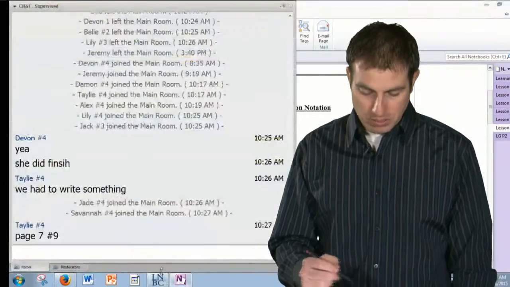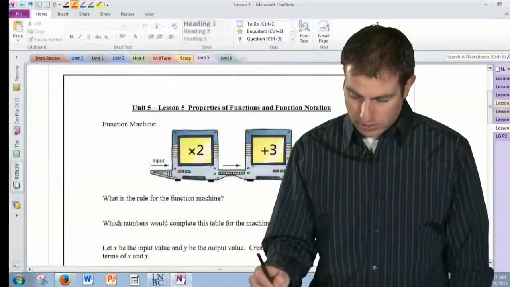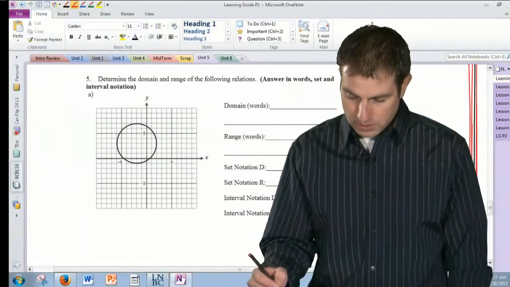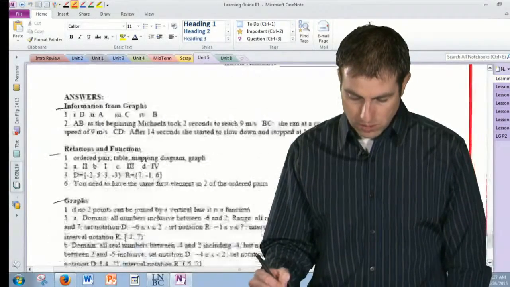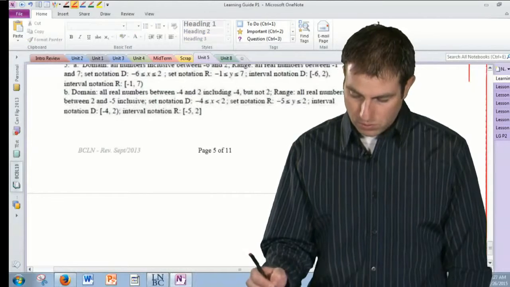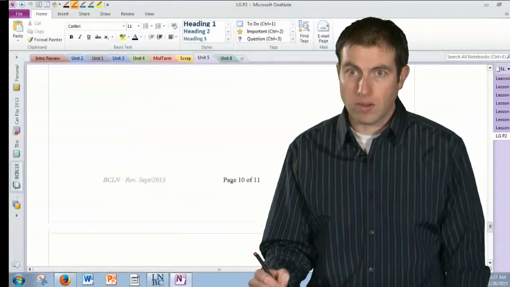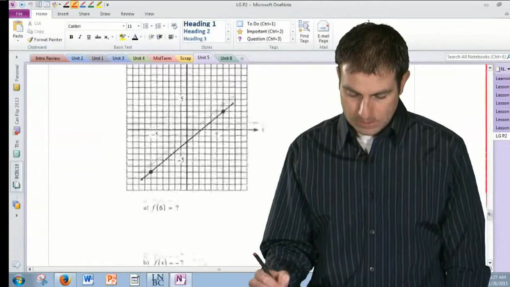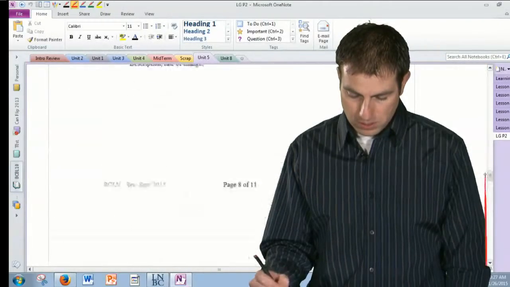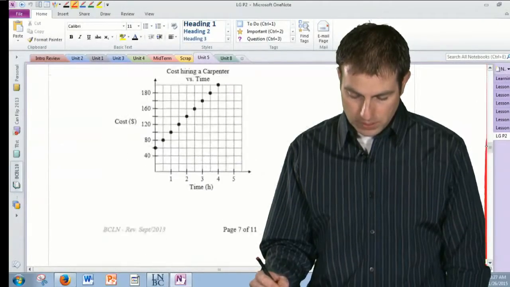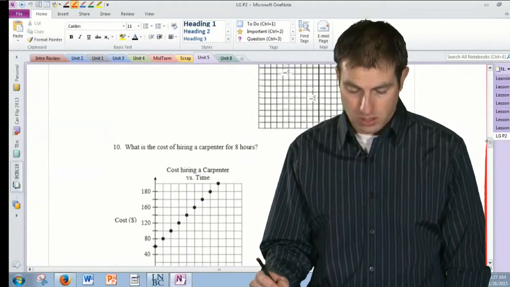Page 7, number 9, that'd be a great way to start. Daily, page 5. Of course, you wanted the second half of the learning guide. Page 7, number 9.